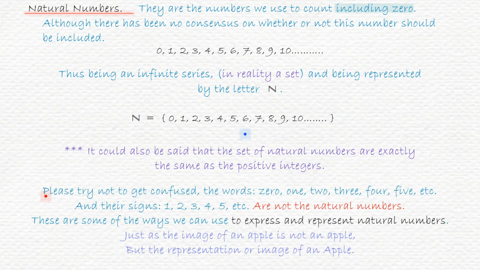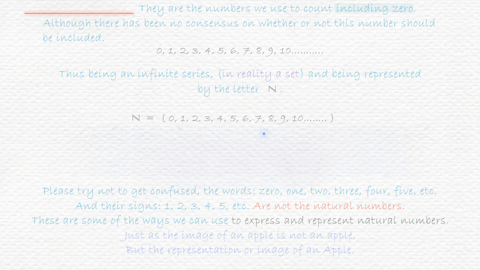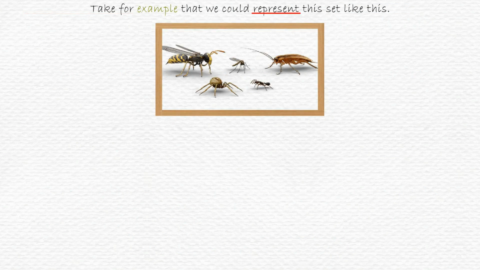Please try not to get confused. The words 0, 1, 2, 3, 4, 5, etc., and their signs are not the natural numbers. These are some of the ways we can use to express and represent natural numbers. Just as the image of an apple is not an apple, but the representation or image of an apple. Take for example, that we could represent this set like this.